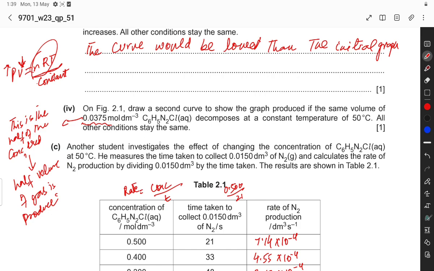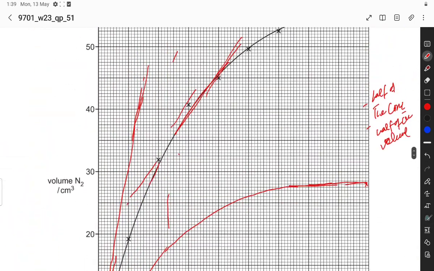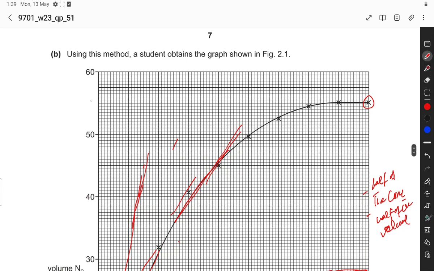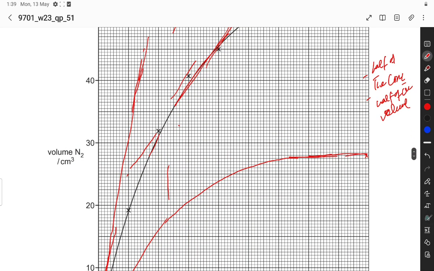So this is the half of the concentration decomposed. So this is the half of the concentration. The total is this 55 volume. This is the half of the concentration that is used.